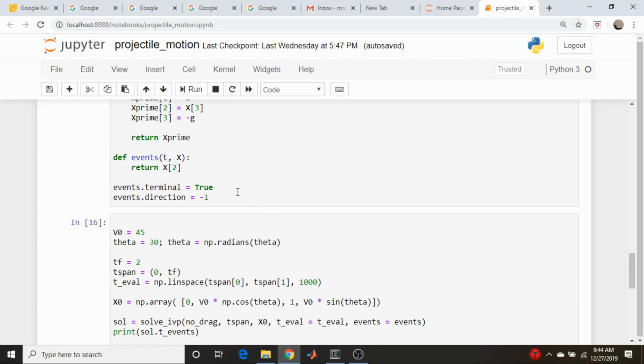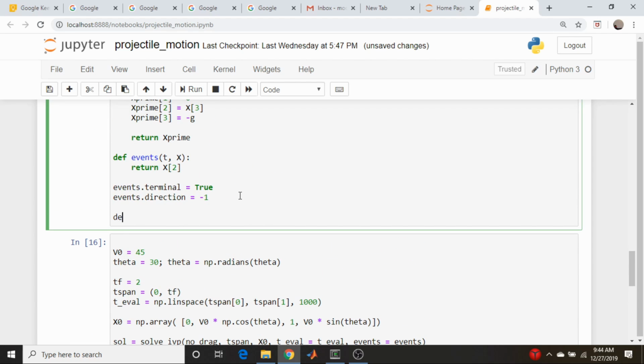So let's come up here where I've defined all my functions, and I'm going to create another function called calculate range no drag, and this is just going to take an argument theta, which will be our initial angle in degrees.